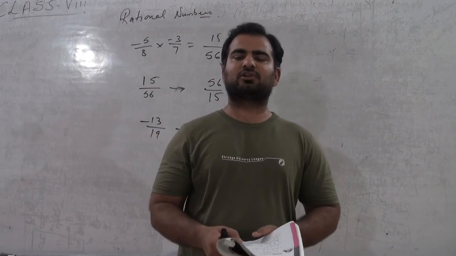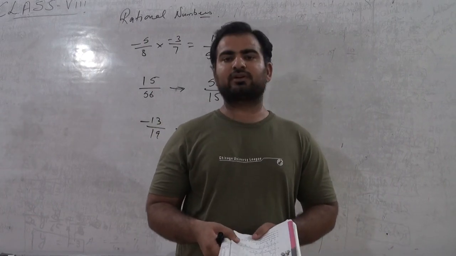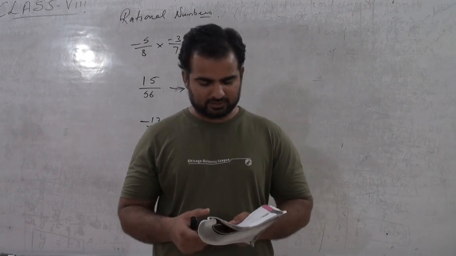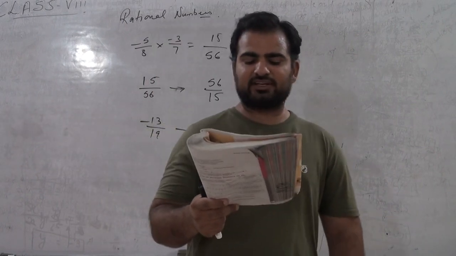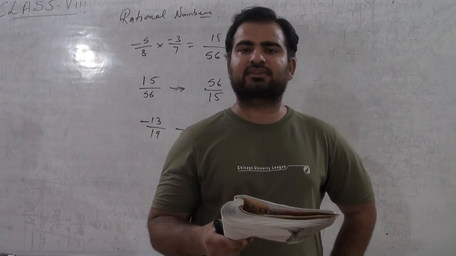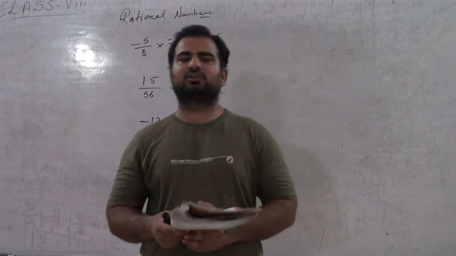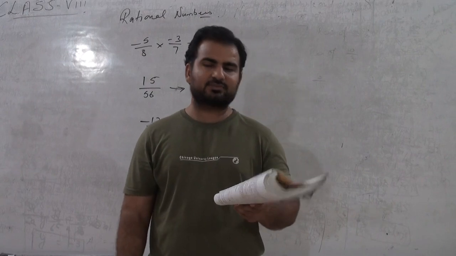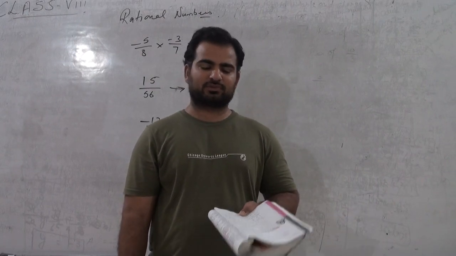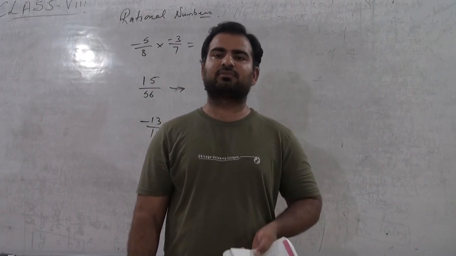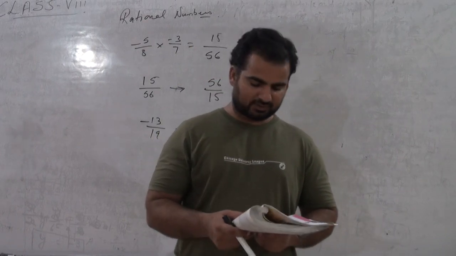So it is commutative property over multiplication. Next is minus 19 by 29 into 29 by minus 19 equals 1. So what he has done is just multiplied with the reciprocal. So we can say that it is multiplicative inverse.